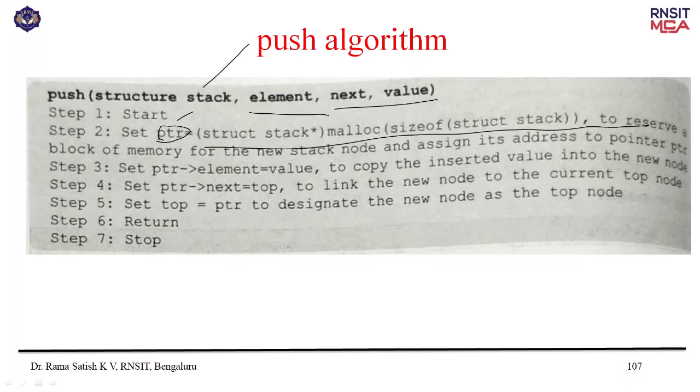Once it is done, the value supplied, you store it in PTR element. Then PTR of next is equal to top. You insert this newly created node to the top and make PTR the topmost element.